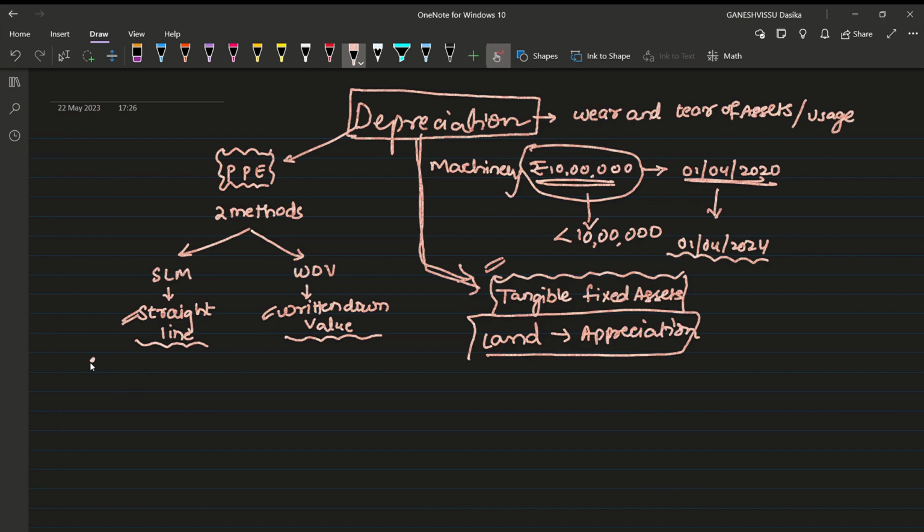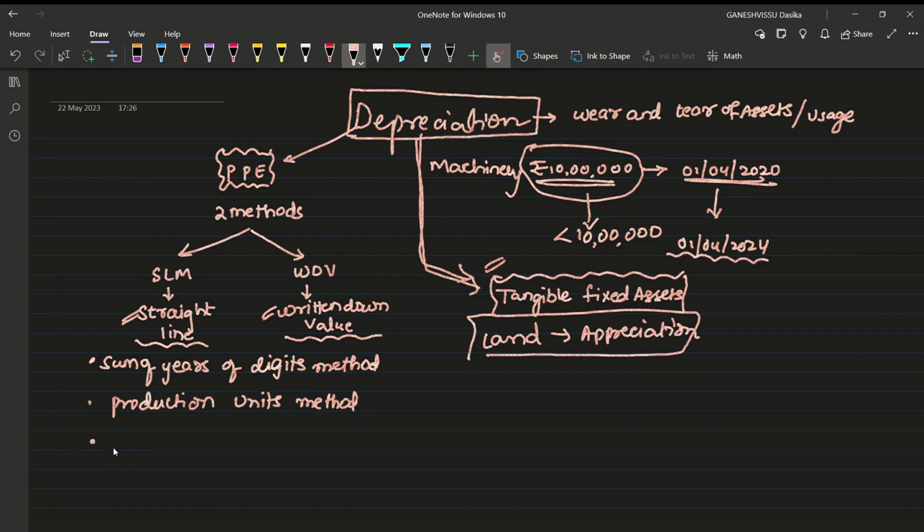There are more: sum of years of digits method, production hours method, production units method, machine hour method, etc. There are many different methods where we are going to use depreciation.